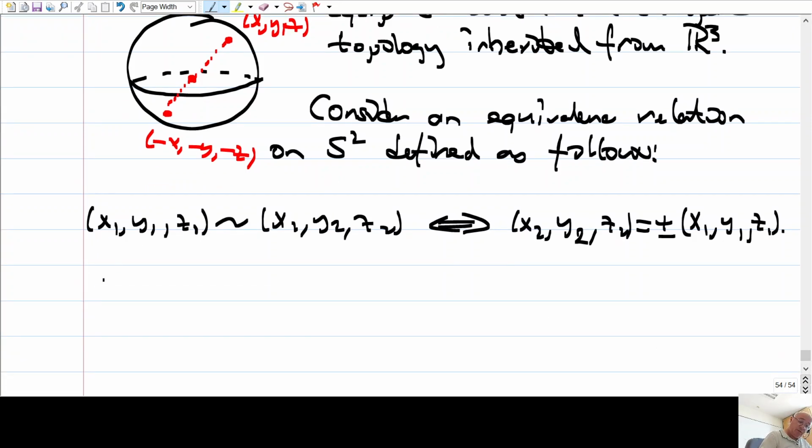Okay, since this is an equivalence relation, I can consider the quotient space.